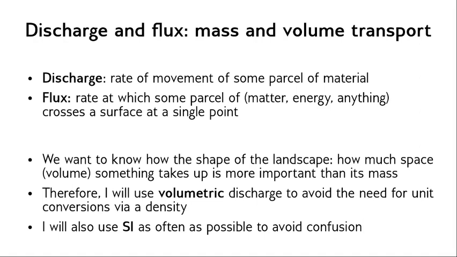So discharge is the rate of movement of some parcel of material. So we could have mass discharge, we could have volume discharge, for example. And the flux is the rate at which that same parcel of matter, so something like water or sediment, energy, or anything else, for example some kind of chemical constituent, is crossing a surface at a single point.